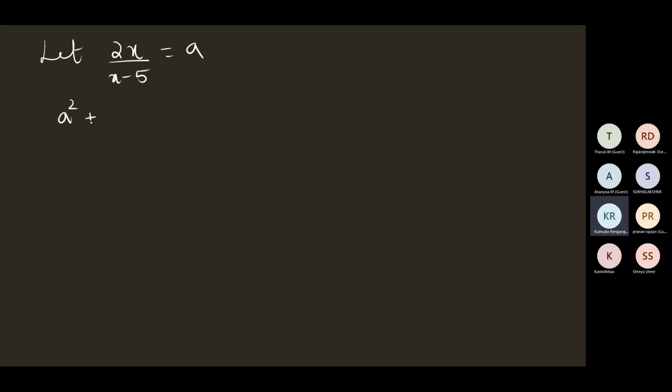A square plus 5A minus 24 is equal to 0, right? So children, you can see the expression 2X by X minus 5 two times. So we'll replace that with A. When you reconstruct the equation using A, you get A square plus 5A minus 24 is equal to 0. Yes or no?